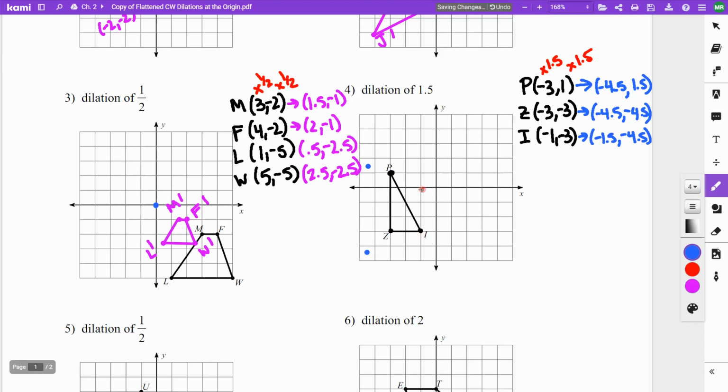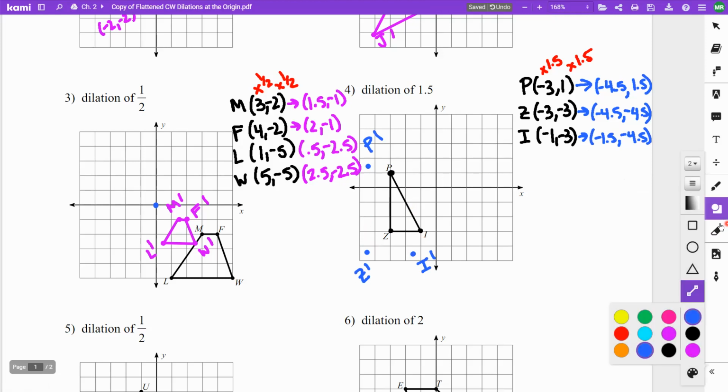And I'm going to go to negative 1.5 and negative 4.5. So that's going to be here. And that is going to be P prime, Z prime, I prime, and let me connect them. And there's our picture.